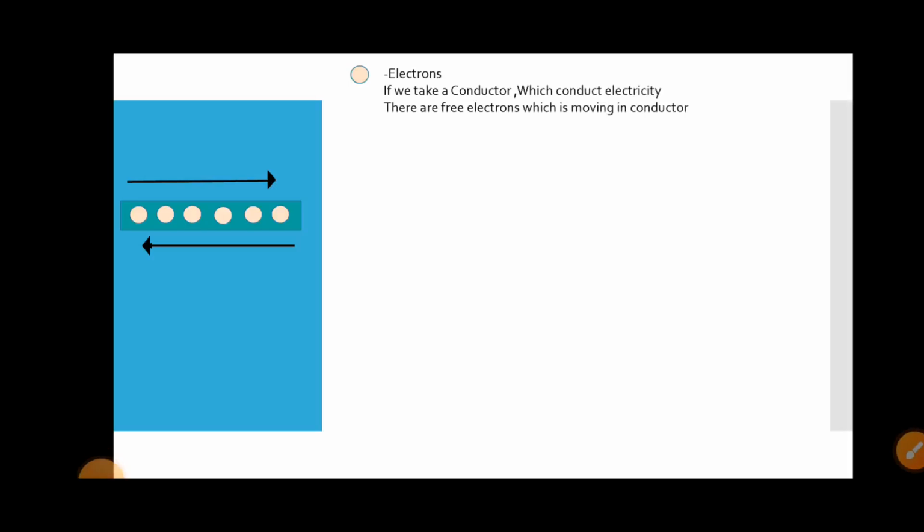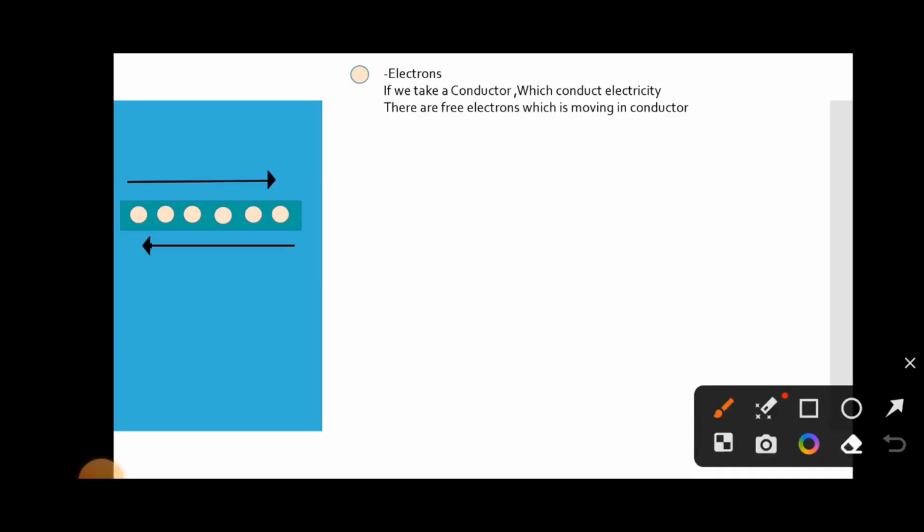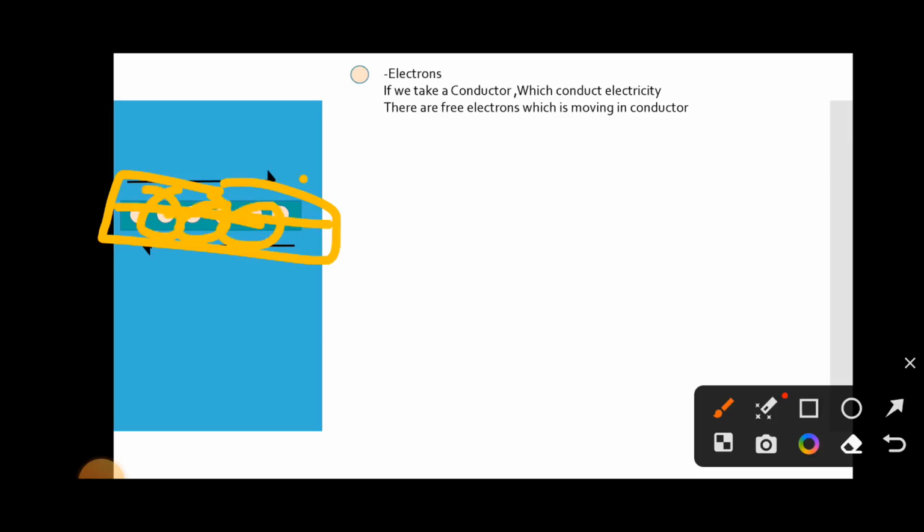If we take a conductor which conducts electricity, there are free electrons moving in the conductor. Suppose we take this conductor. There are free electrons here, these are the electrons which are moving in the conductor.